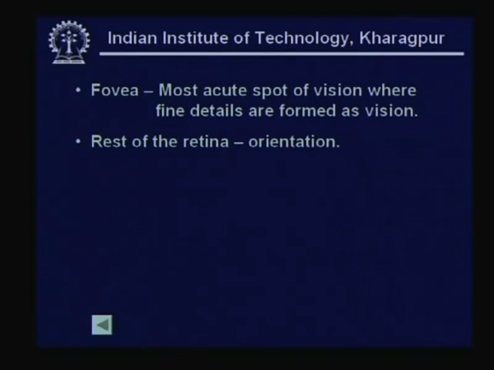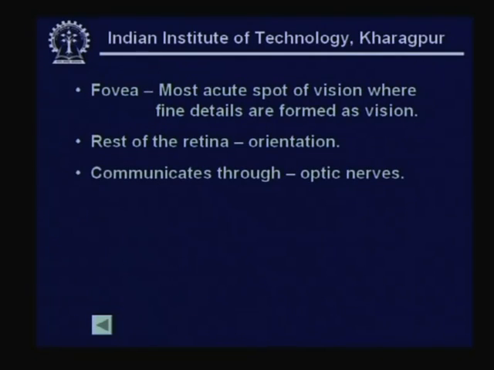The fovea is the most acute spot, as already told. Fine details are formed there for observation, and the rest of the retina essentially takes care of orientation and the communication with the brain.